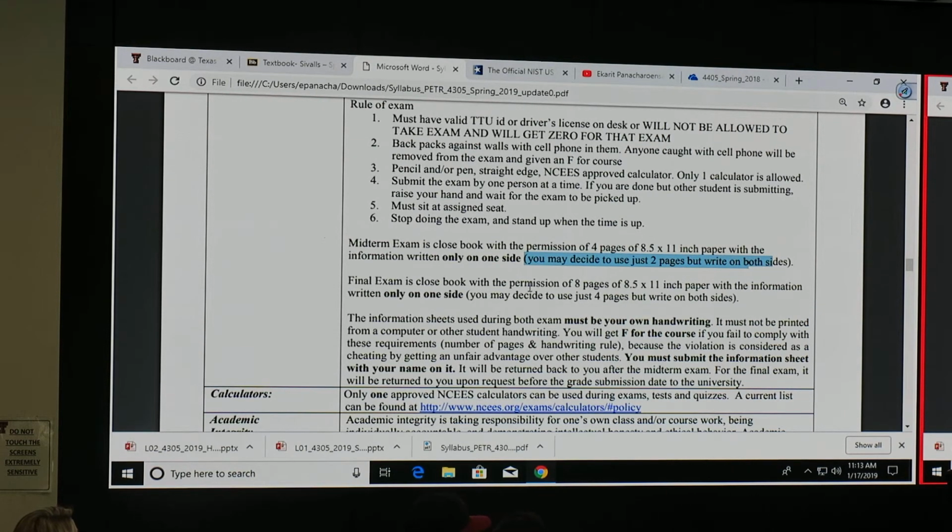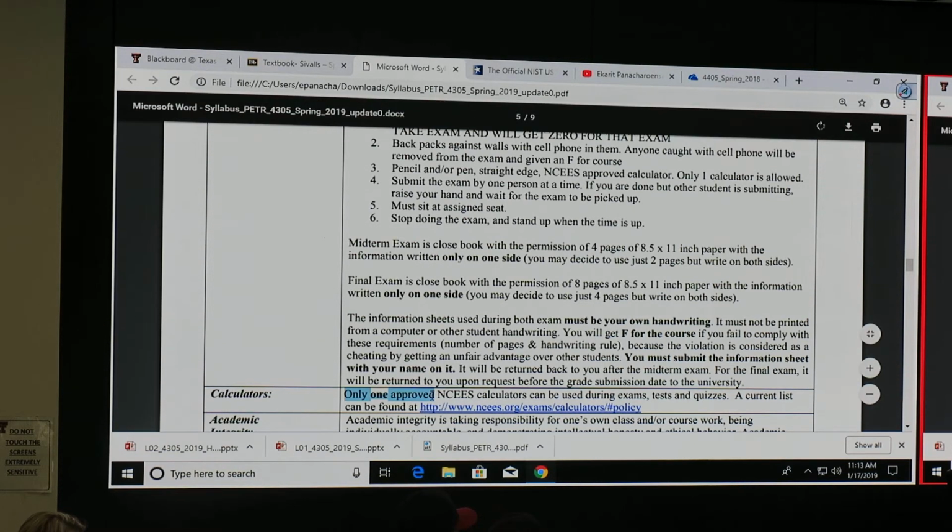Final exam, 8 pages, just one side, or 4 pages on both sides. You have to write your name on it. We will collect it. If you decide to use fewer pages, it's fine. But if you use more, that is considered taking unfair advantage over other students, or cheating. You get F for that. So just comply with the rules.